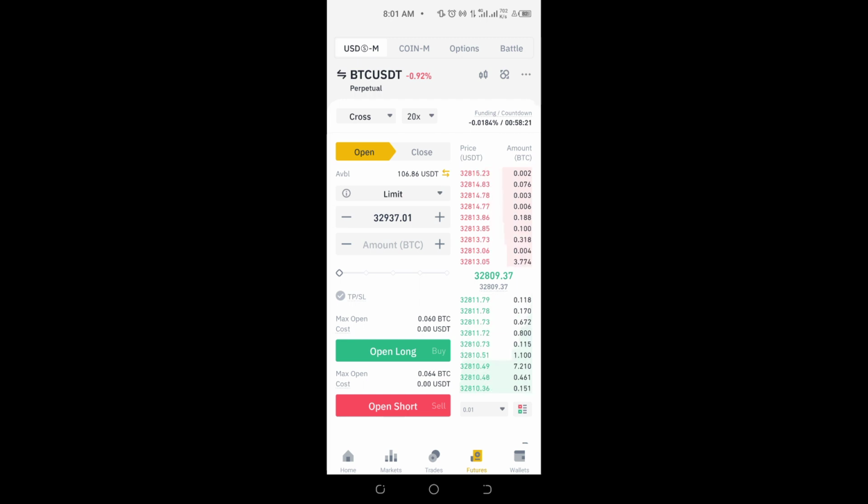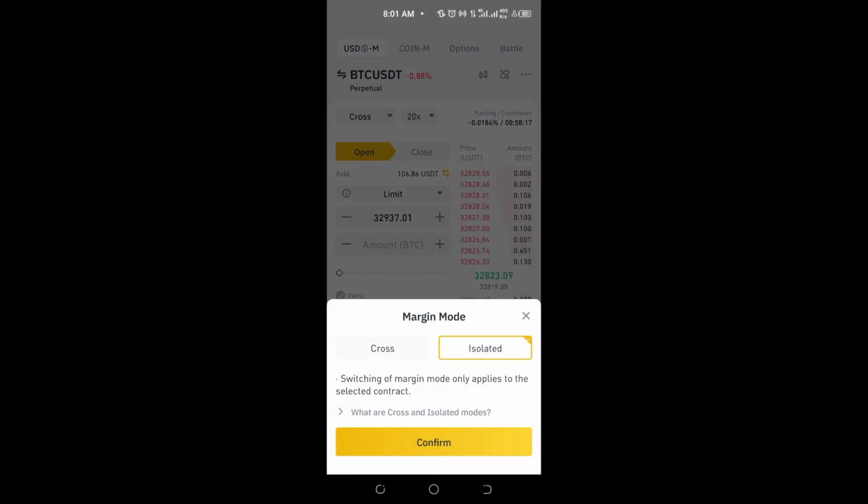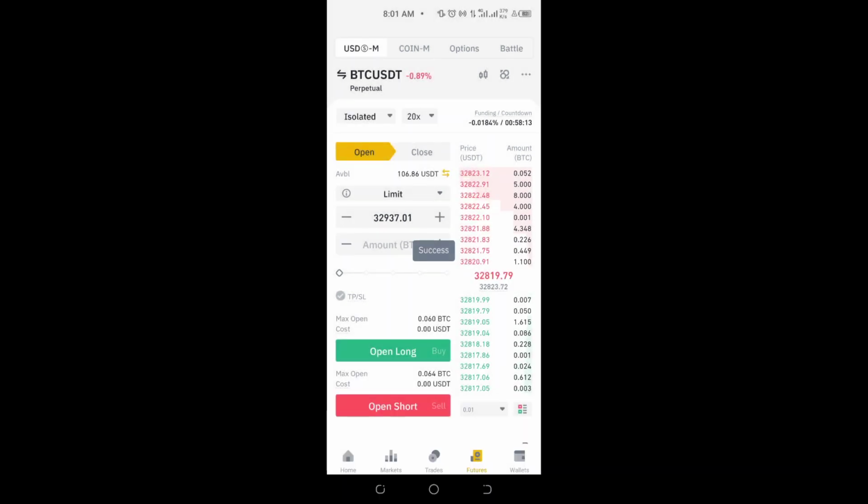So if you want to trade, it is advisable that you deal on isolated. That means you are protecting yourself such that your funds should not cross that which you have apportioned for the trade and start consuming your balance. So it's always advisable that you deal with isolated.